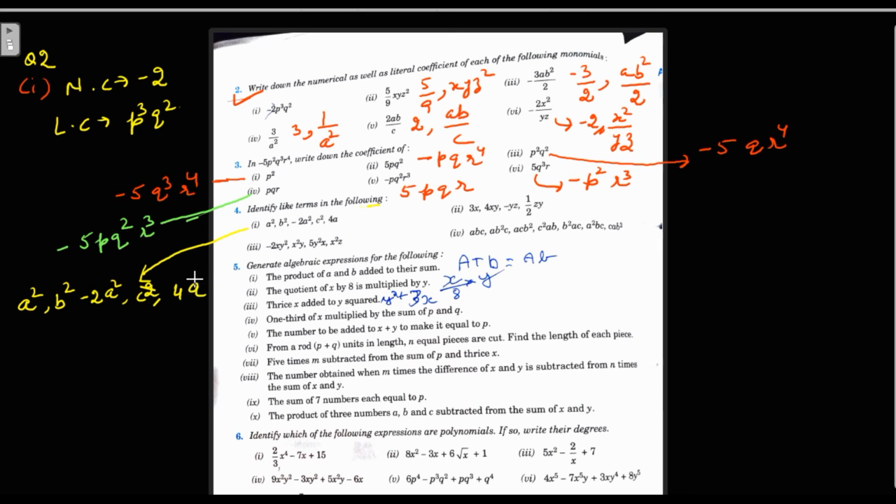Like terms have the same powers. So a square is here, a square is here. This is b square, this is not the same, this is not the same. So the like terms here are a square and minus 2a square, right?